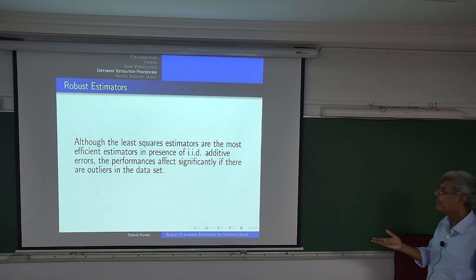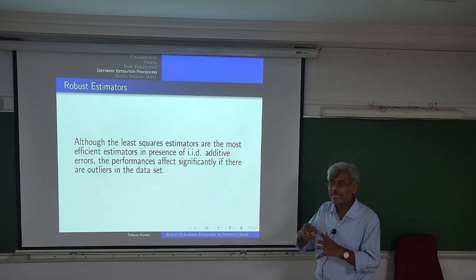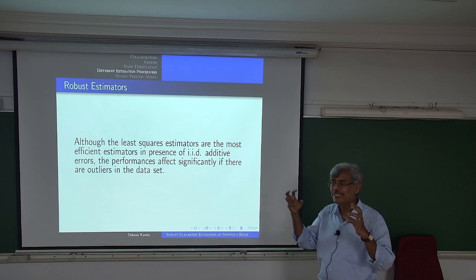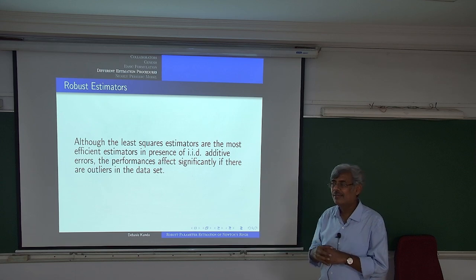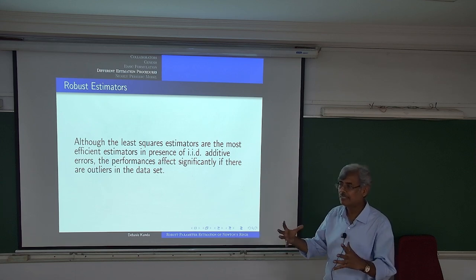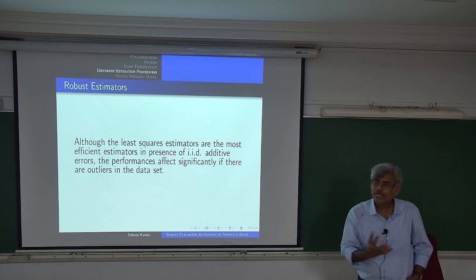The reason is simple: you are squaring yt minus that quantity, so a few odd data dictate the whole estimator and spoil the whole thing.